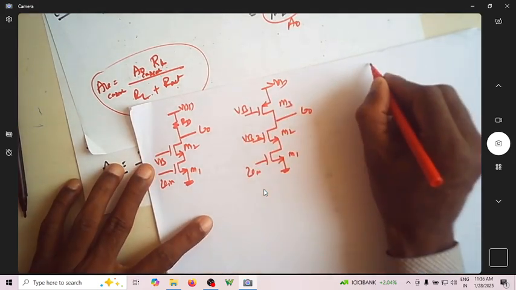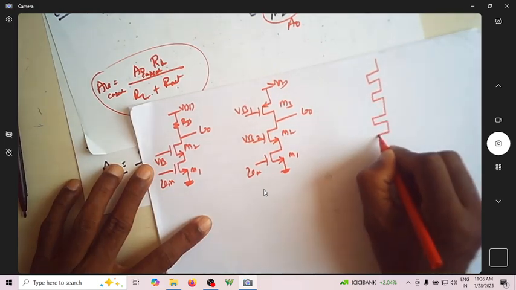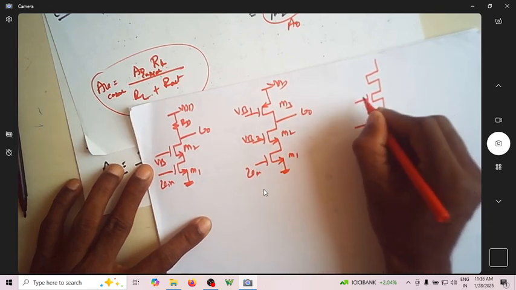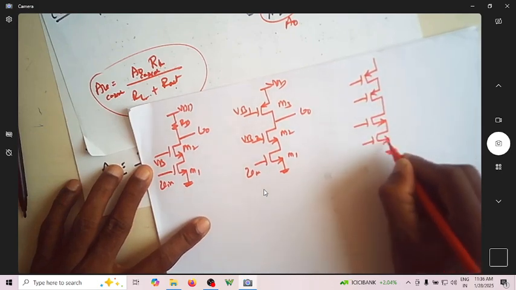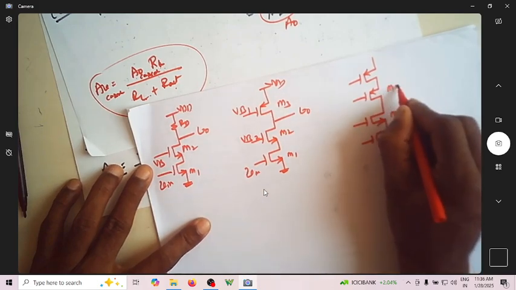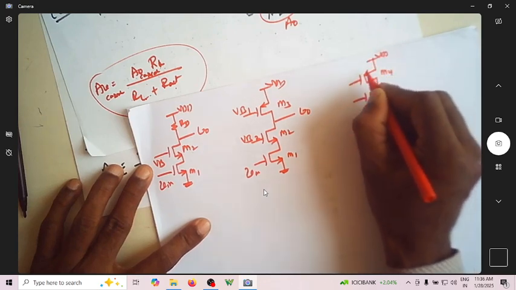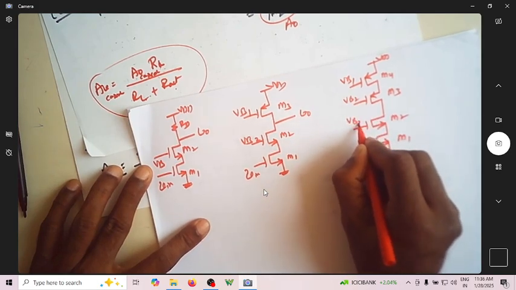And the other one is the cascode amplifier with cascode load. This is grounded. This is PMOS, PMOS, NMOS, NMOS, M1, M2, M3, M4. This is VB1, VB2. Just name it as some number.